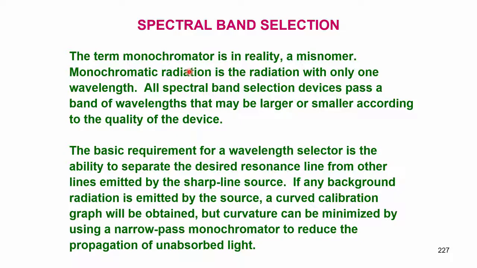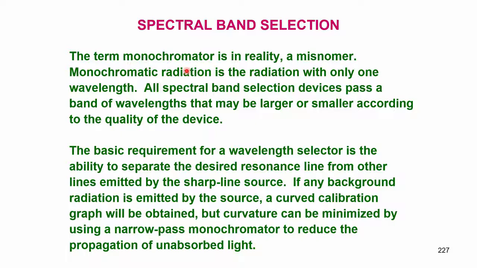We always get a small group of frequencies whenever we employ any monochromator. So, all spectral band selection devices pass a band of wavelengths that may be larger or smaller according to the quality of the device.